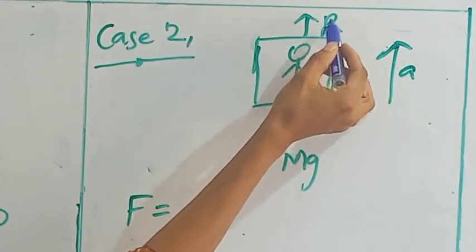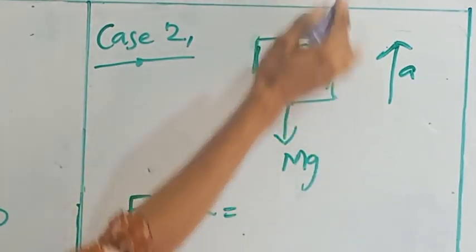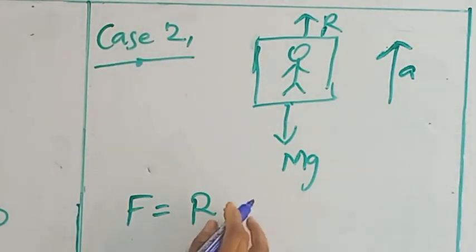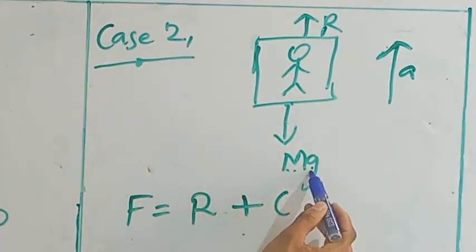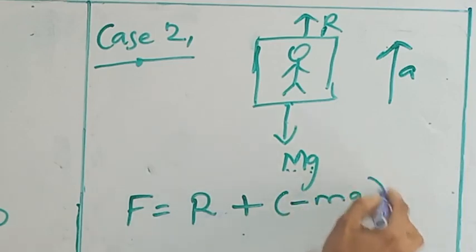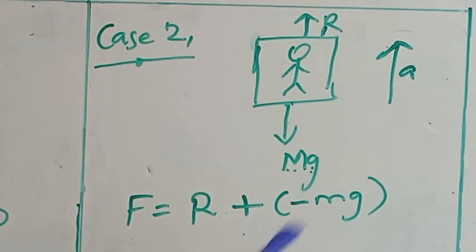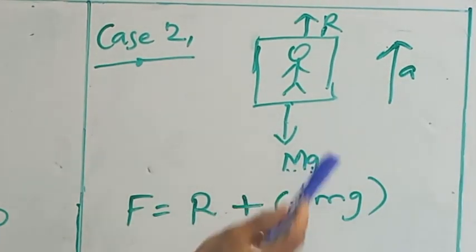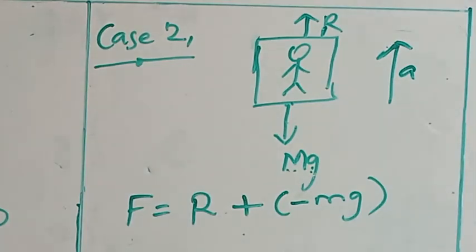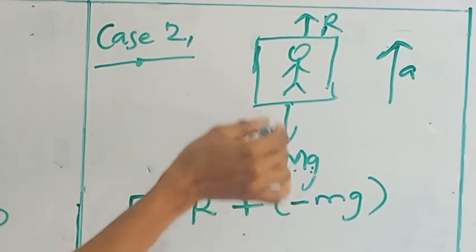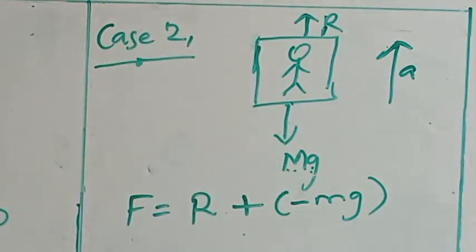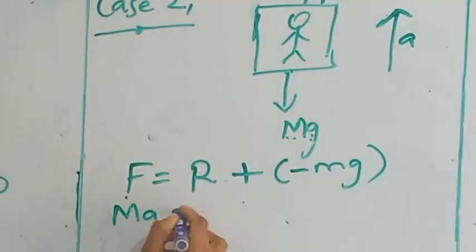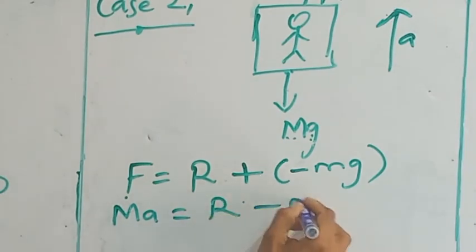So we have R is the one pulling, moving in the direction of R. R minus mg. Why am I using minus mg? Because acceleration due to gravity draws every object downwards. But this time around, the acceleration is up. The man is moving up. So here is minus mg. So that F is equal to ma is equal to R minus mg.